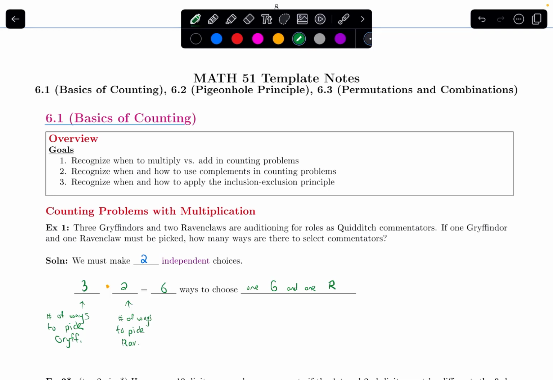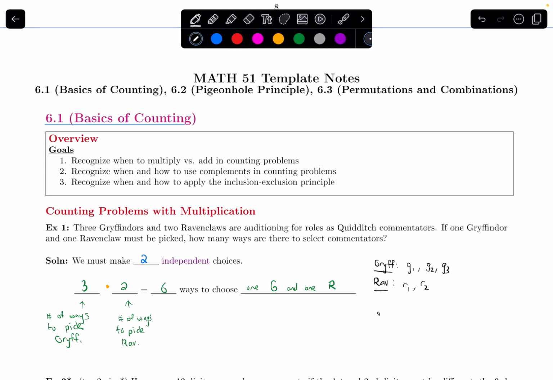Ravenclaw, I'll call that R. I could also see this if I listed them out explicitly. So if I listed out the Gryffindors and the Ravenclaws, maybe I'll call the Gryffindors G1, G2, G3, and the Ravenclaws R1, R2, because there's 2 of them. Then I could form all the combinations just by listing them.